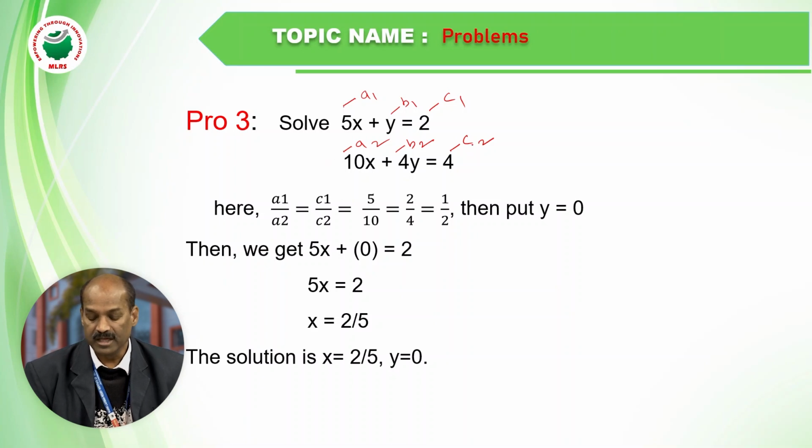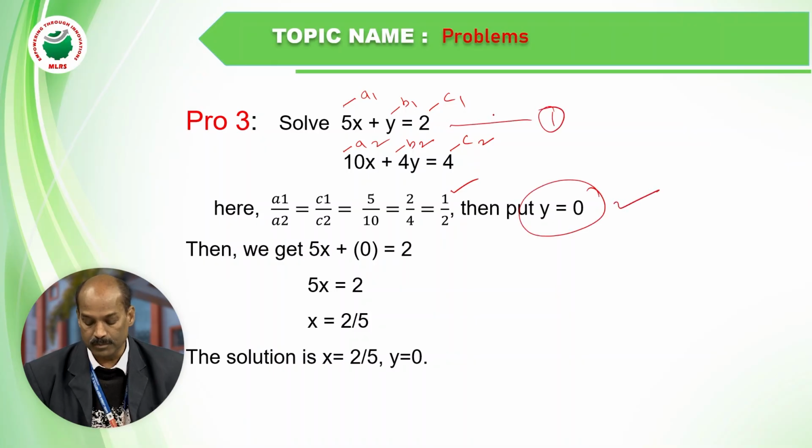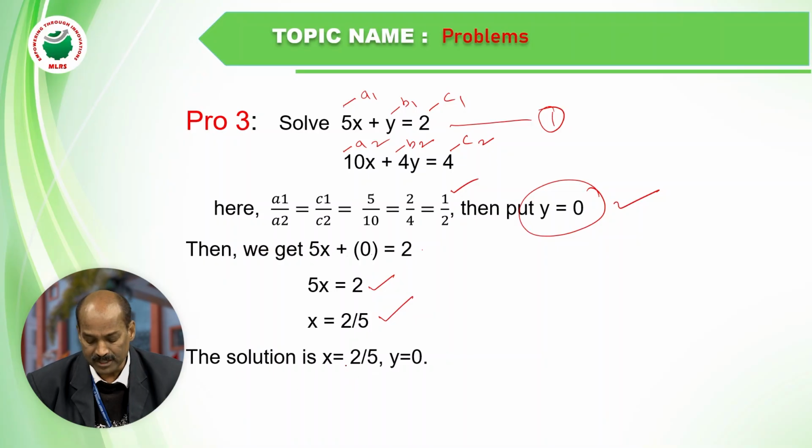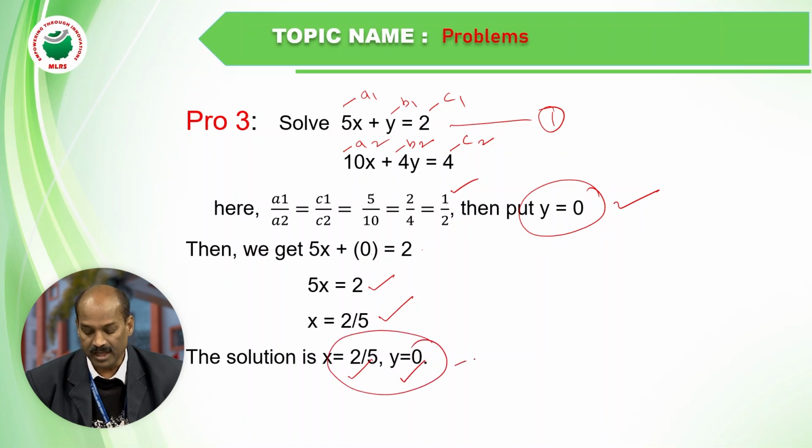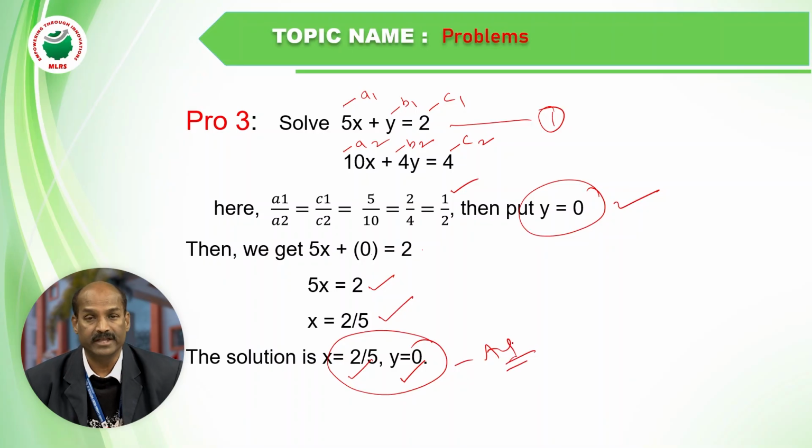The x coefficients ratio is equivalent to the constant ratio, that is 1 by 2. Therefore, put y equals 0 in equation 1. Then 5 into x plus y into 0 equals 2. So 5x equals 2 and x equals 2 by 5. Therefore, the final solution is x equals 2 by 5 and y equals 0. So this is the final answer to the given system of two linear equations in two unknowns.